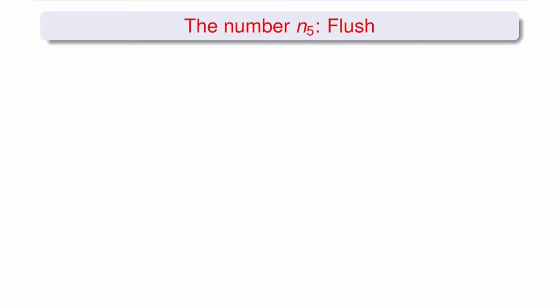All right, let's now talk about the number of possible flushes, N5. In order to be a flush, we need all these 5 cards to be from the same suit. And not just that, they cannot be a royal flush.